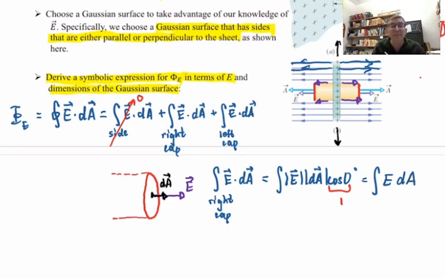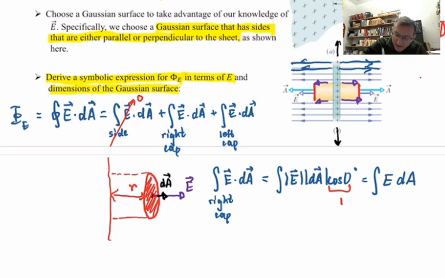Now there's one more key step, and this is a vital one. Every point on this circular end cap is the same distance, r, from the sheet. The sheet's right over here to the left, right up and down. That distance is r. Every point on that circular end cap is the same distance, r, from the sheet. And we said that that's the only coordinate that the electric field could depend on. Therefore, I can know for sure that the electric field magnitude on that circular cap is uniform, constant.